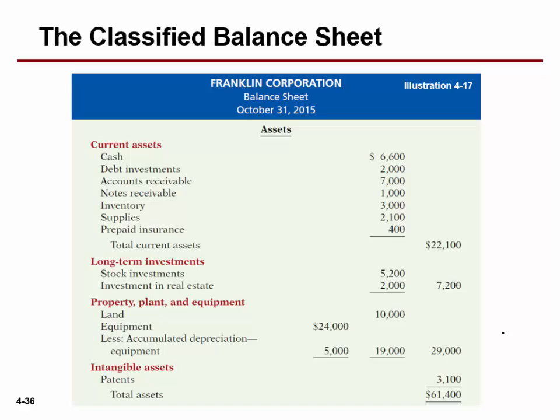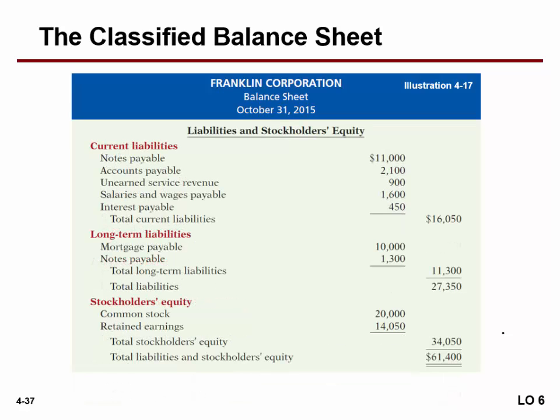Okay. Same thing with the liabilities. Liabilities will require us to use a current asset if it's a current liability. So notes payable, going to have to pay our cash, aren't we? Accounts payable, have to do cash. Unearned service revenue, we're going to treat that as a current liability, right?